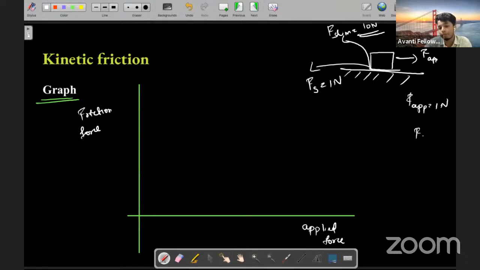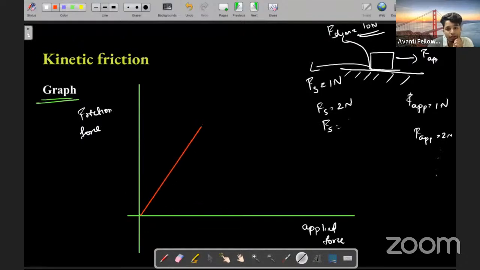Then if I apply 2 Newton of force, the static friction is 2 Newton. Yes or no, students? So as I increase the applied force, the static friction also increases linearly.